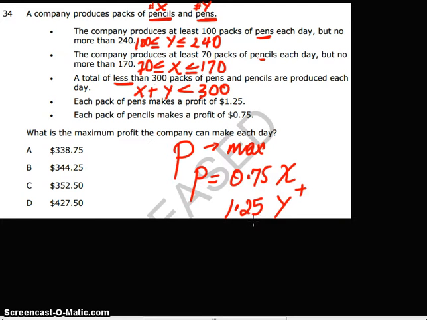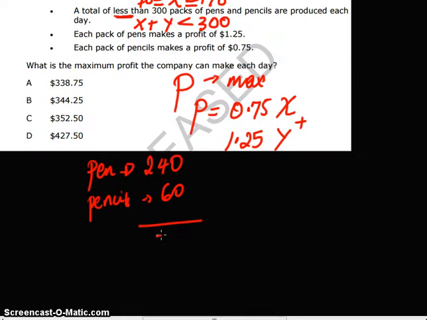Now the thing is, the maximum amount of pens that we can sell is 240 pens. We can sell 240 pens, but if we sell 240 pens, then this leaves me with the number of pencils to be less than 60, because when we add them, we always have to add up to what?